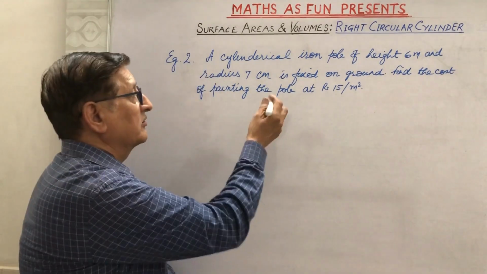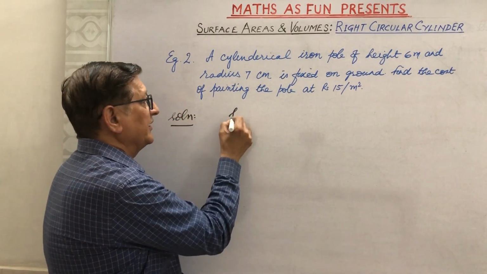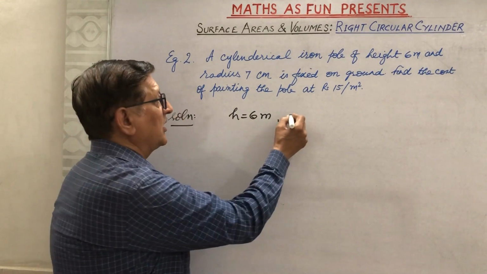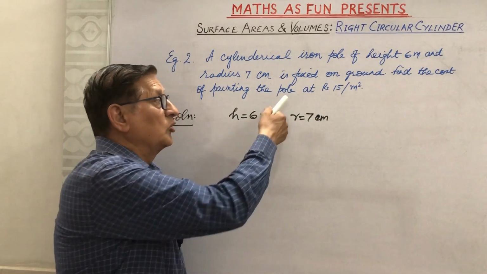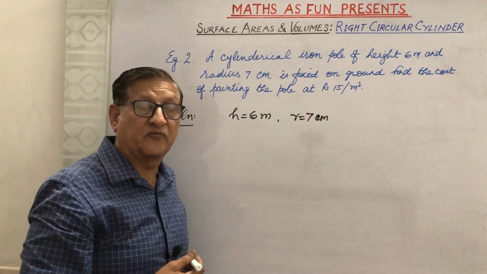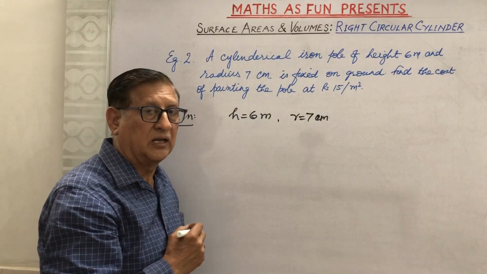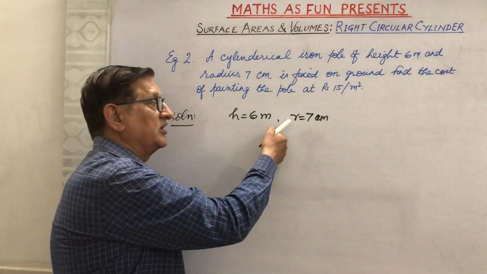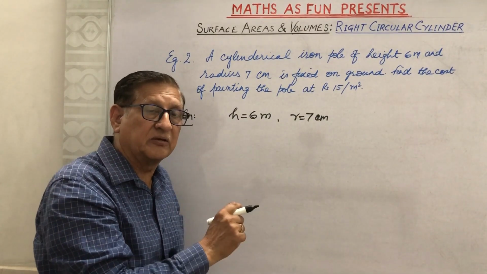So here we write for the solution, height has been given as 6 meters. Radius r is given as 7 centimeter, but the cost of painting is at rupees 15 per square meter, so we should convert it also in meter. We know that 1 meter is equal to 100 centimeter, so this radius 7 centimeter can be converted into meter by dividing by 100.